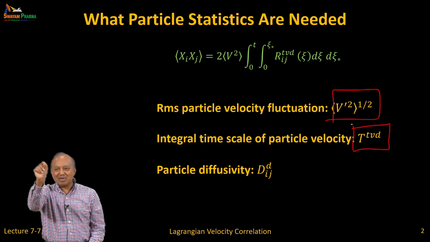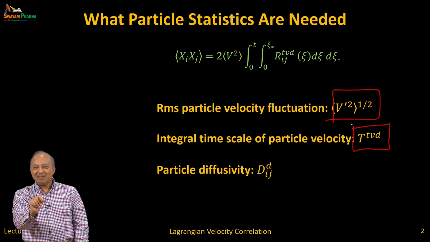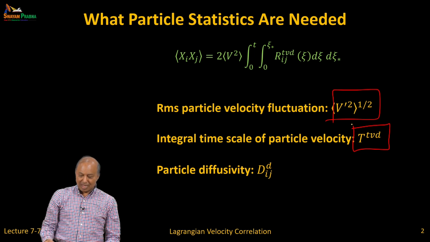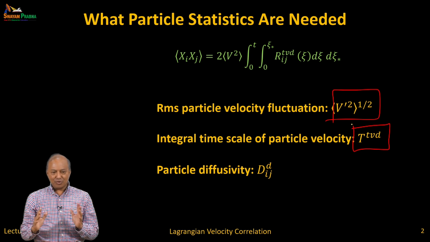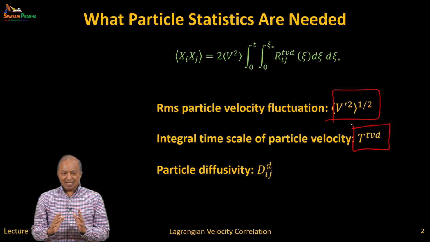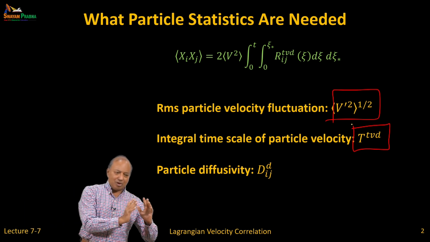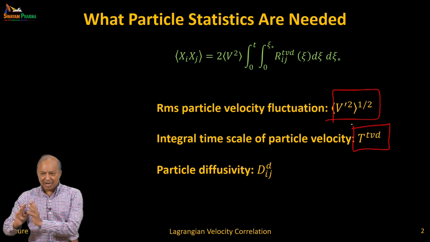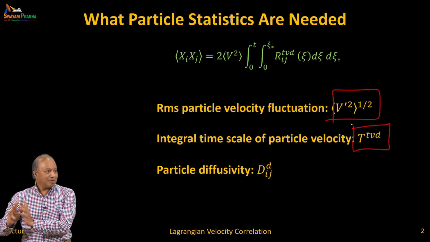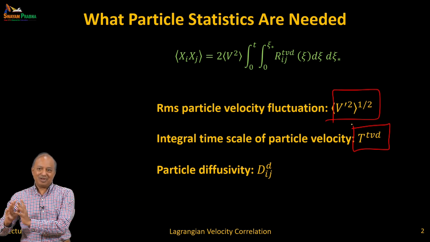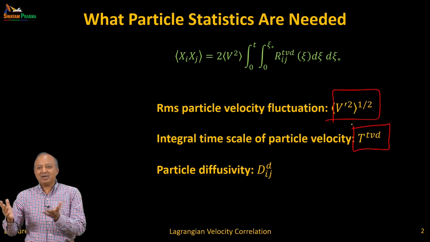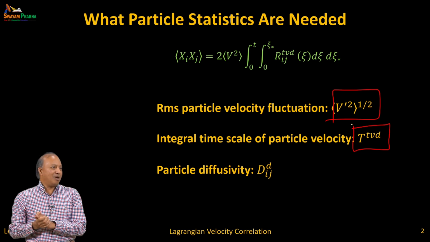Maybe it might go a little bit this way and that way, but it will pretty much follow its course. So V prime square, which is the fluctuating particle velocity, when it's very small could be U prime square, the fluid velocity fluctuation. And if it has very large inertia, it remembers for a long time, and the fluctuation may not be that big. Even if turbulence is very heavy, particles may not be responding to all that turbulence.